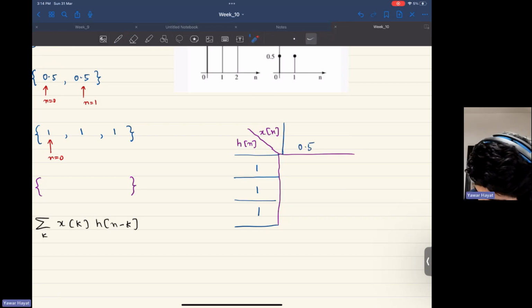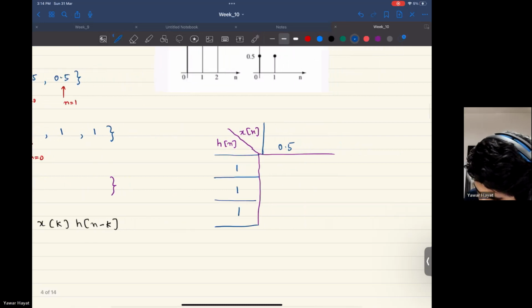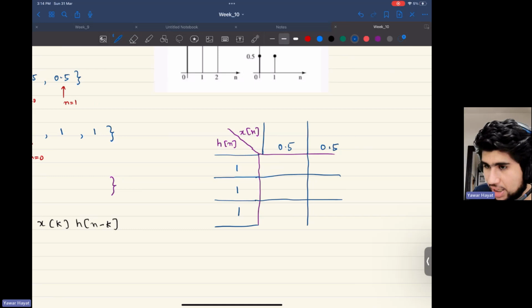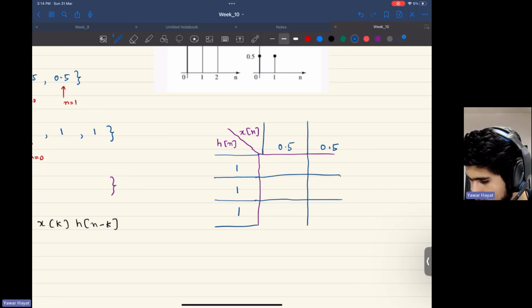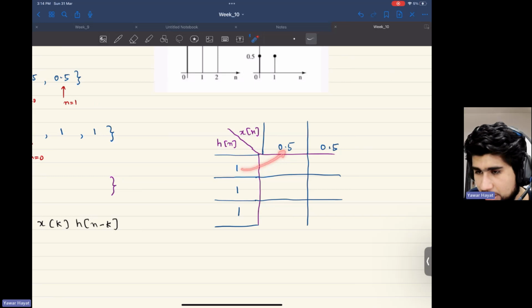To get the ij entry, we multiply the ith row by the jth column, that is, h of n and x of n.